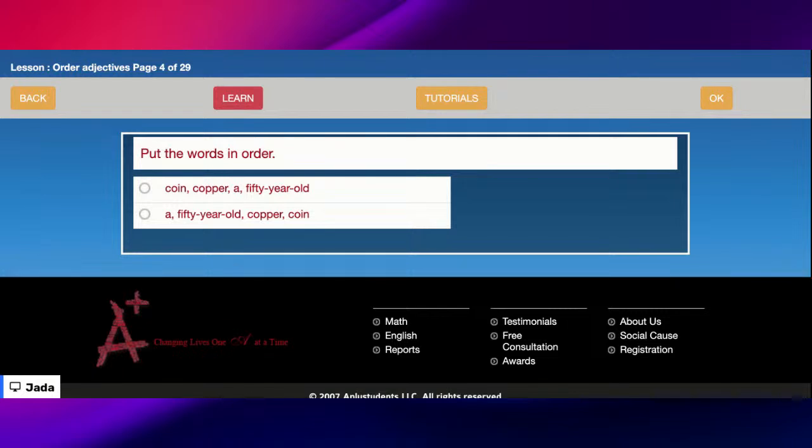Narrow, okay. So this one, two. A 50-year-old copper coin.